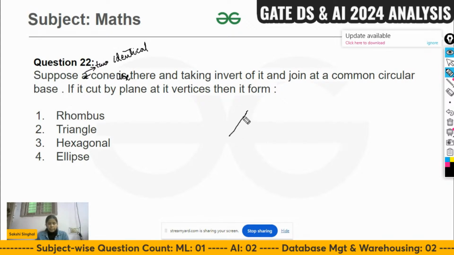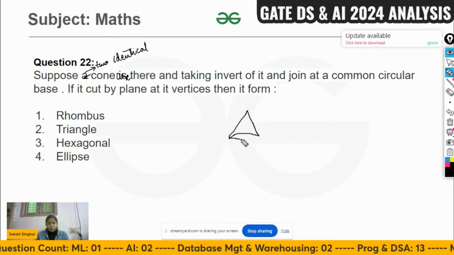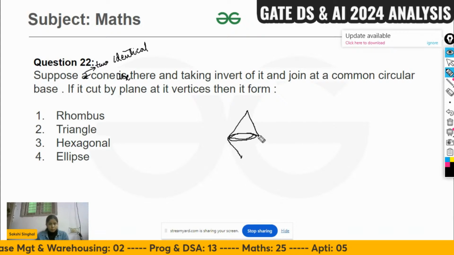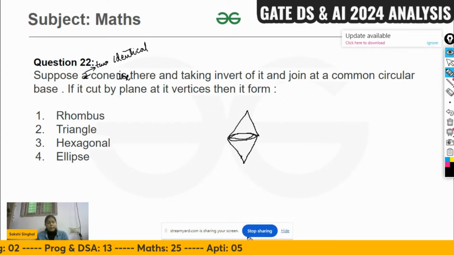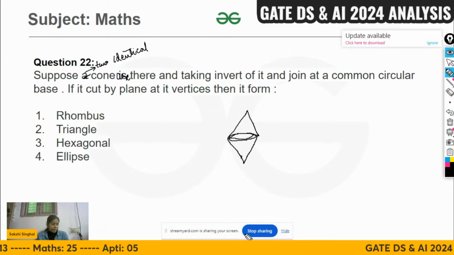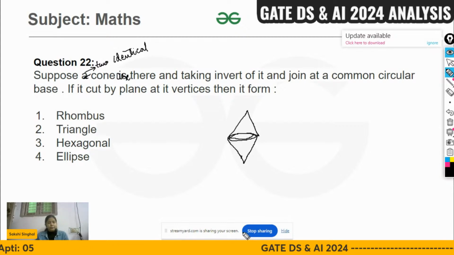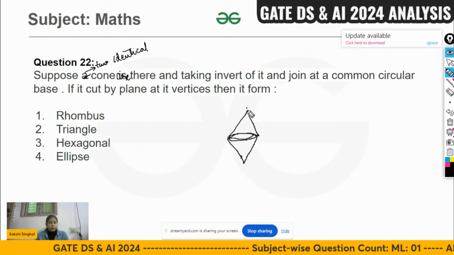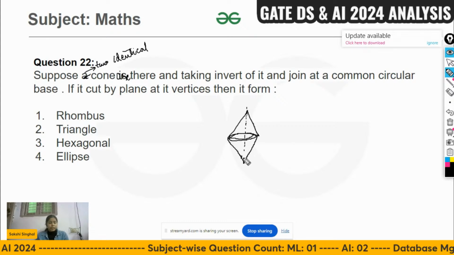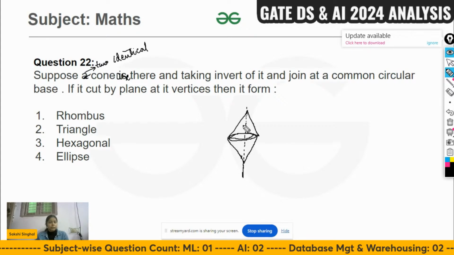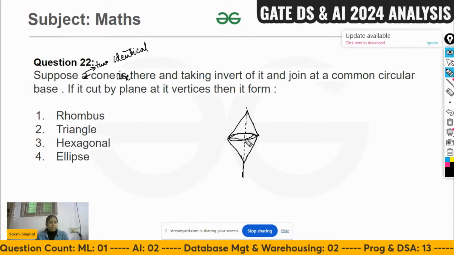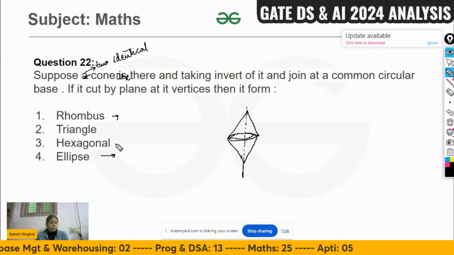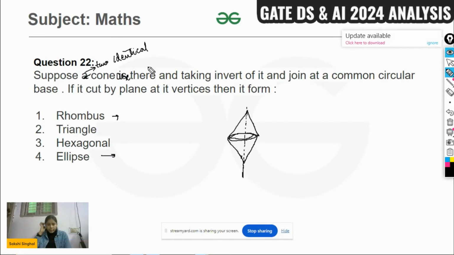So let's suppose we have this cone, and if I join these two, what would you get? Guys, see, if I cut it through the vertices, let's suppose these are the vertices, then I'll get a quadrilateral, and I have to decide whether that quadrilateral would be an ellipse or a rhombus.